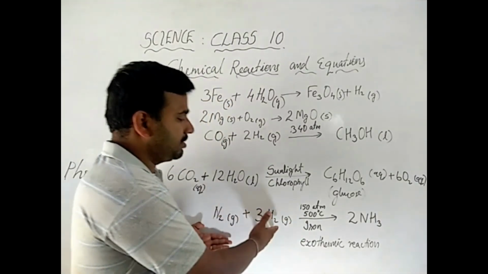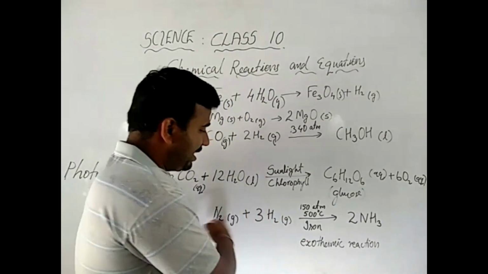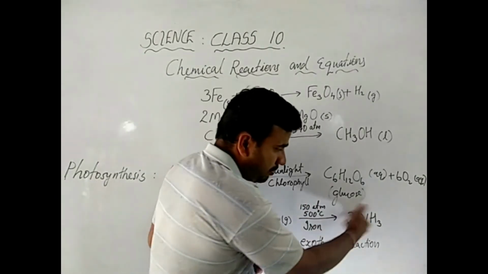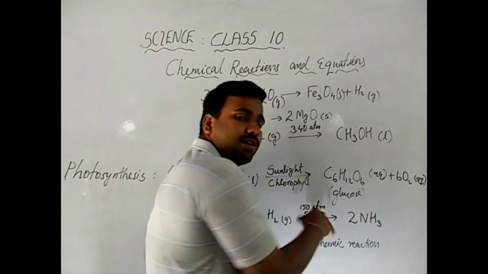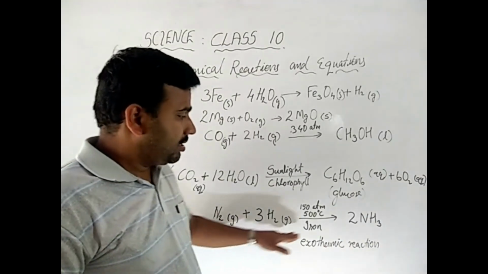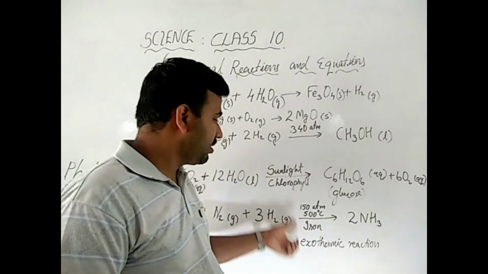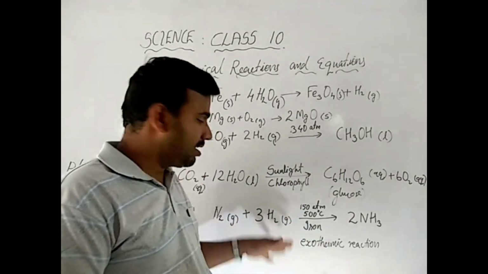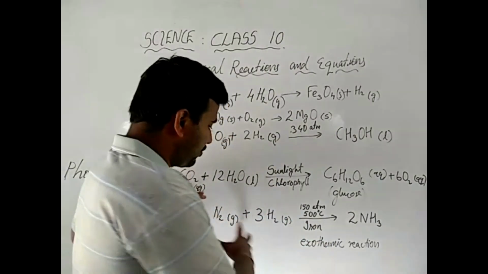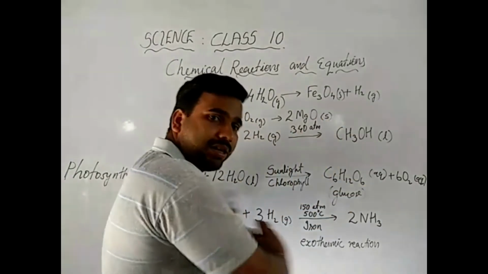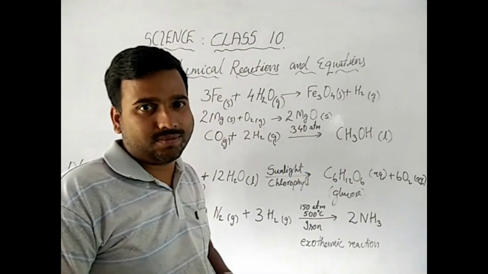If you look at the left-hand side, there is no atom of iron. On the product side, you also see no atom of iron. But if iron is present in this reaction process, known as the Haber process, the rate of the reaction will increase.